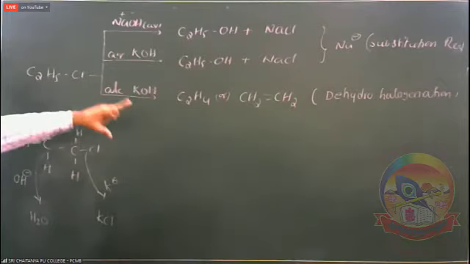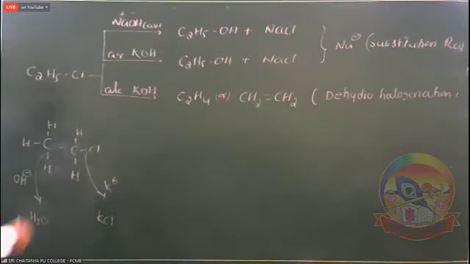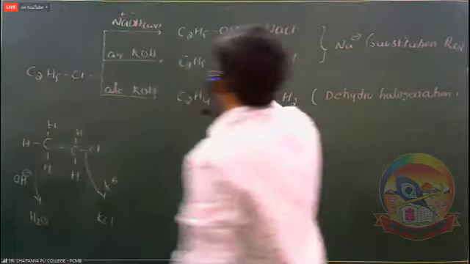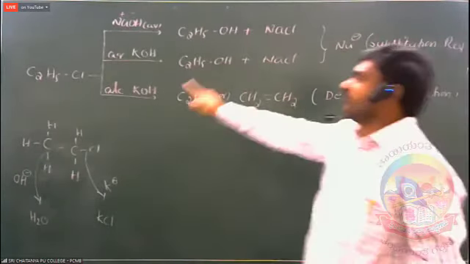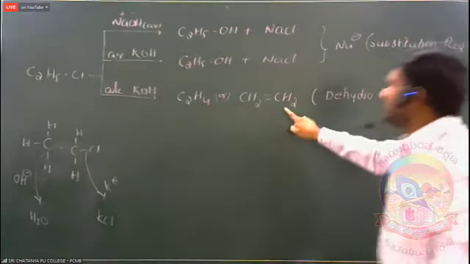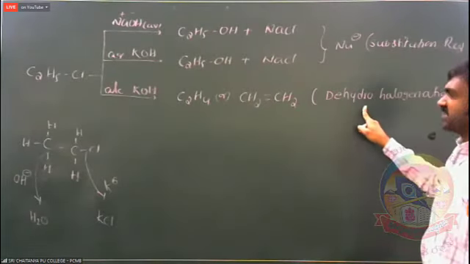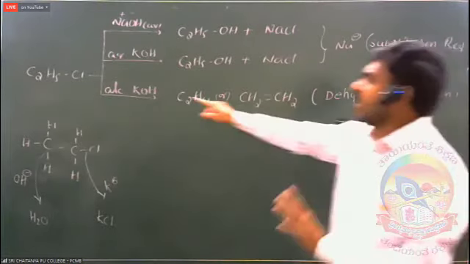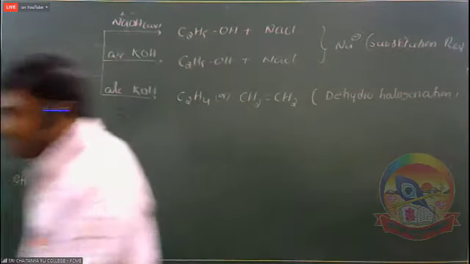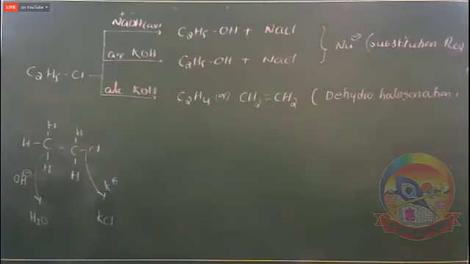It is the dehydrohalogenation reaction. If you use aqueous KOH, ethyl alcohol is formed; it is the nucleophilic substitution reaction. If we use alcoholic KOH, ethylene is formed. It is a dehydrohalogenation reaction. So alcoholic base acts as a dehydrohalogenating agent.